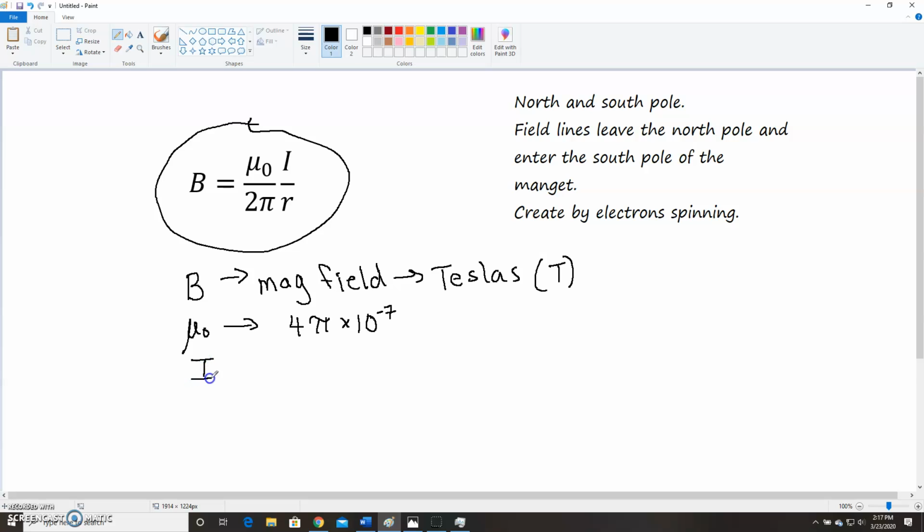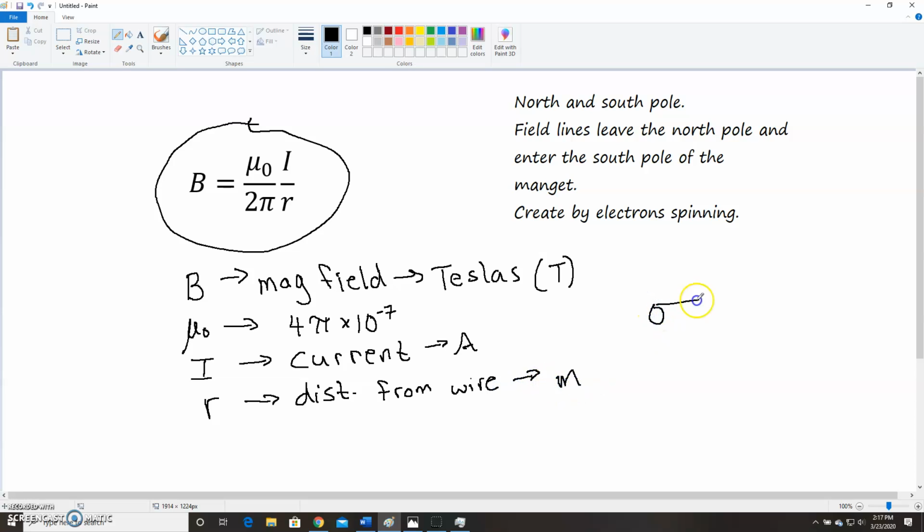I is the current created in the wire, measured in amps, and R is your distance from the wire. And we measure the distance from the wire in meters.